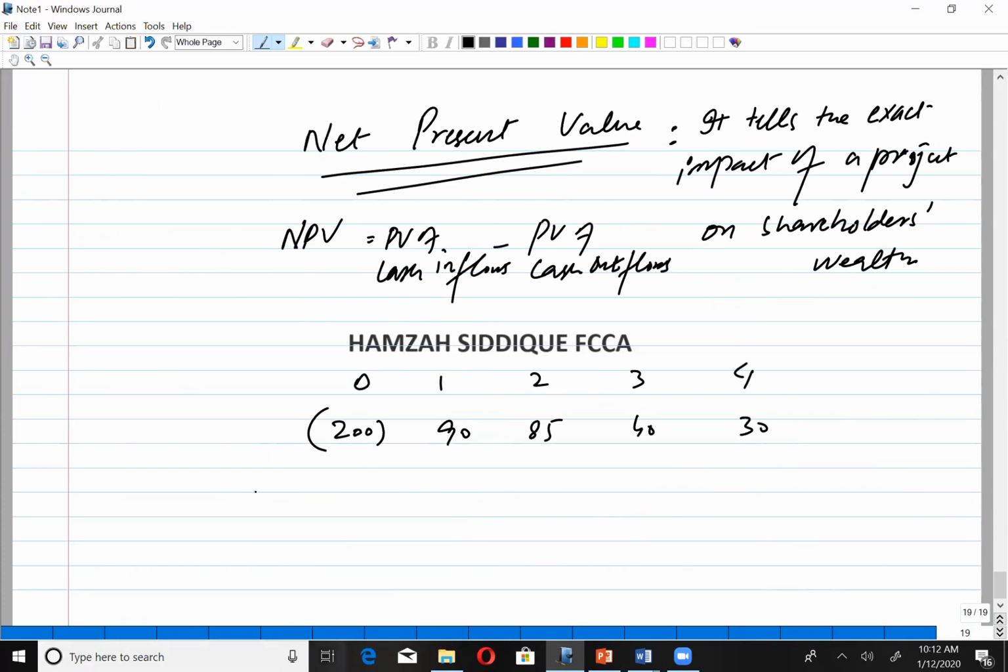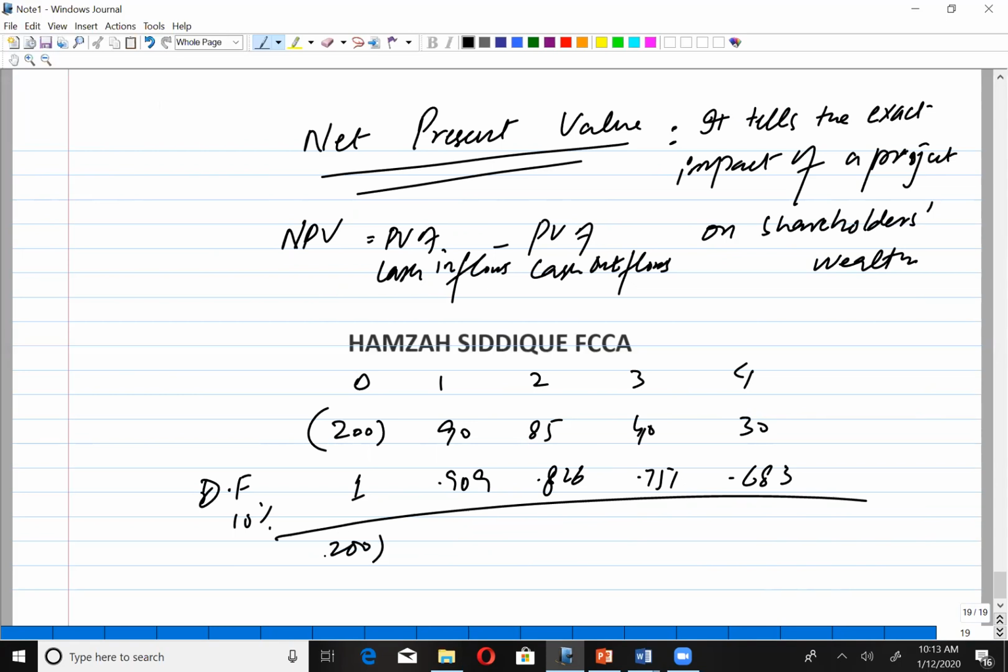And for example, the discount rate R is equal to 10%. So the discount factors at 10% are 1, 0.909, 0.826, 0.751, 0.683. So we will multiply it: 200, 81.81, 70.21, 30, and 20.5.